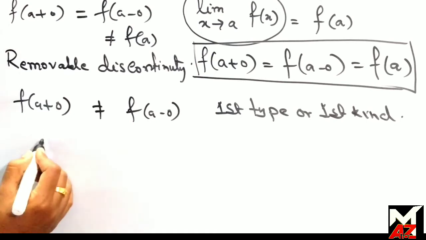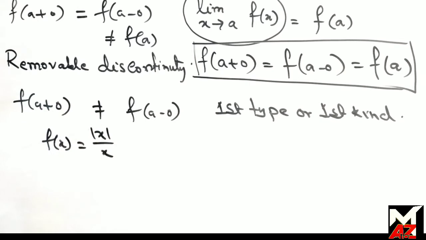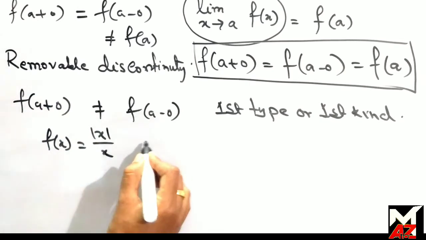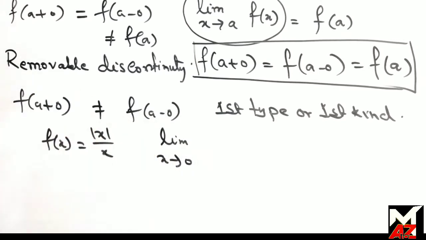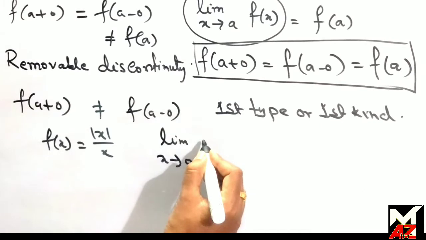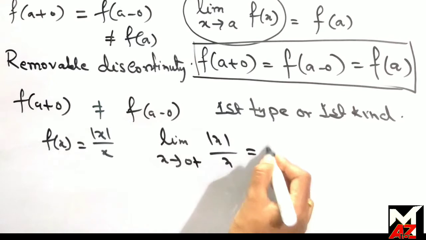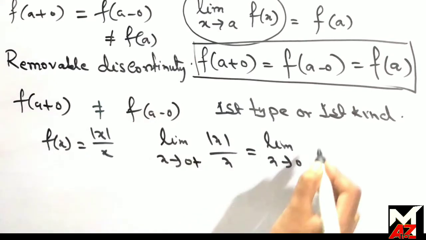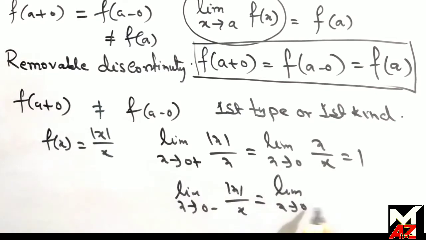For example, if we take f(x) equal to mod x by x, and consider the point 0, then for the right hand limit, limit x tends to 0 plus x by x is 1, and limit x tends to 0 minus mod x by x is limit of minus x by x, which is minus 1.